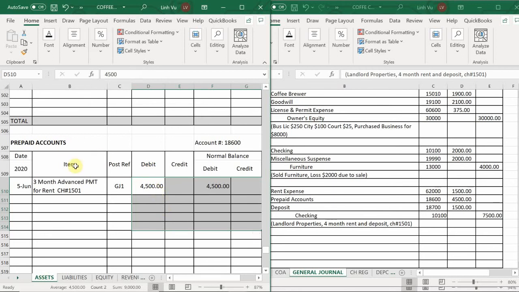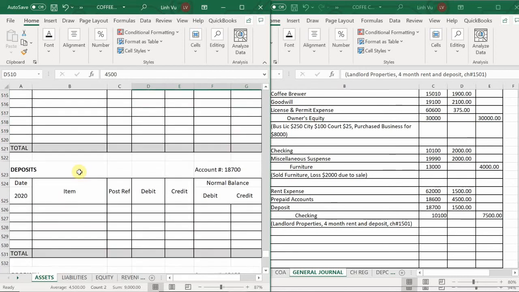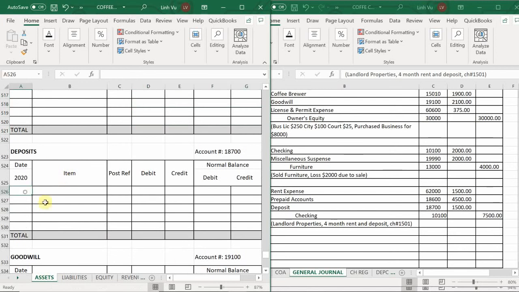Right? And then, of course, right below it is my deposits. So 6.5. And I'm going to say this is rent deposit. Right? You could put security deposit, whatever it means that you want to reflect there. Right? And it is for 1,500.